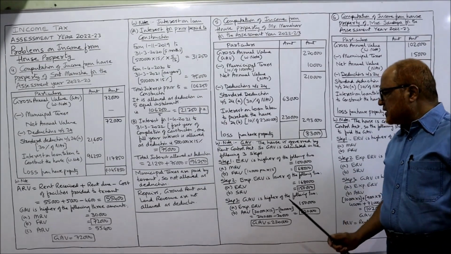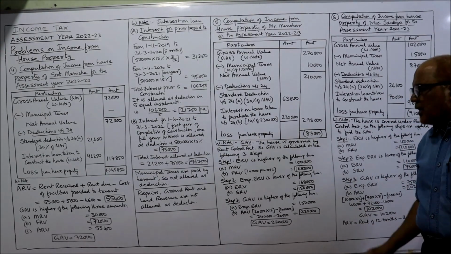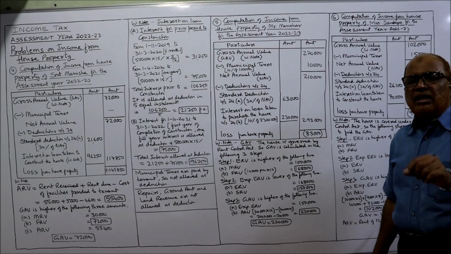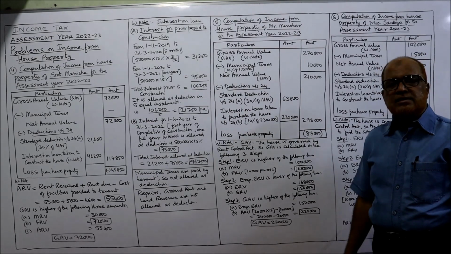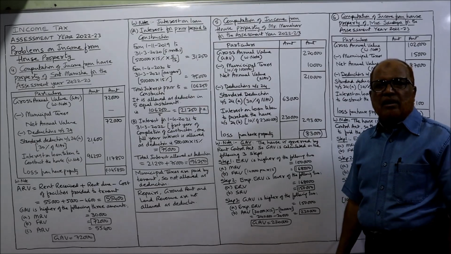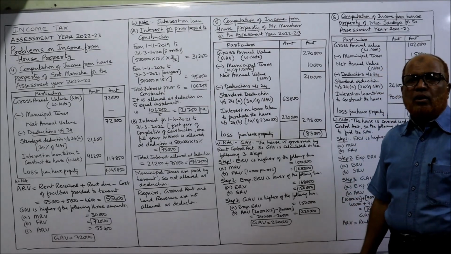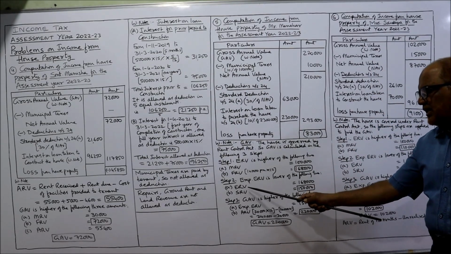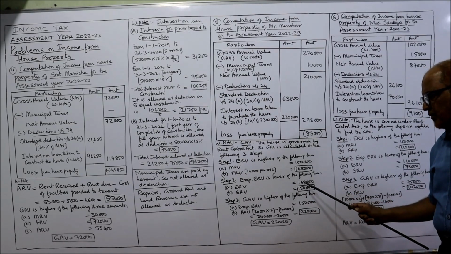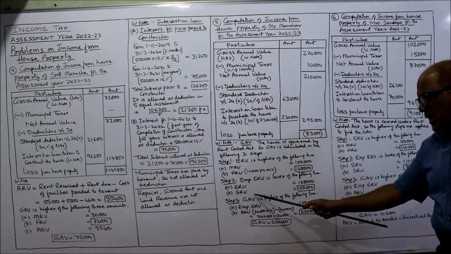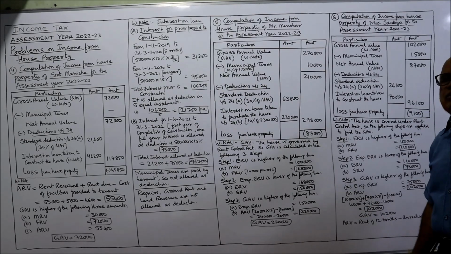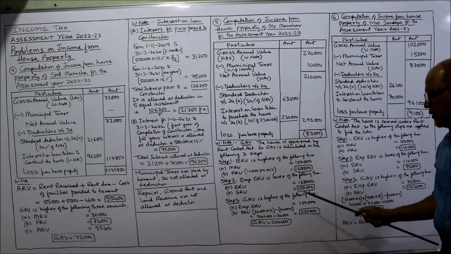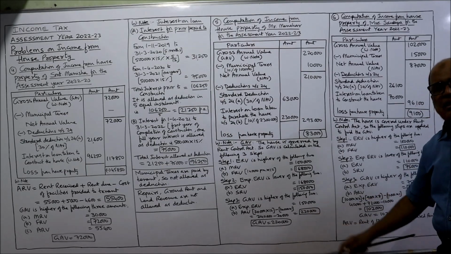So 1 lakh or 1,68,000, whichever is higher, 1,68,000 is the ERV. Second step, expected ERV is the lower of the following 2. First ERV, what we got in step 1, 1,68,000. SRV is given as 1,50,000. Whichever is lower is the expected ERV. So 1,50,000 is the expected ERV.